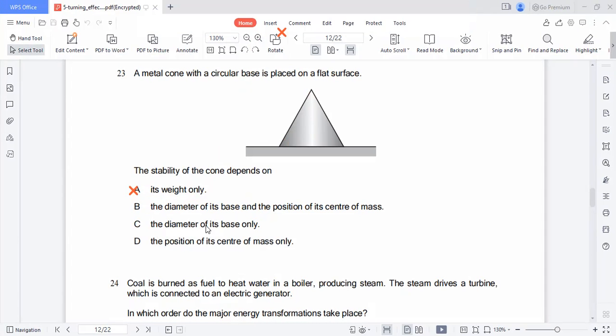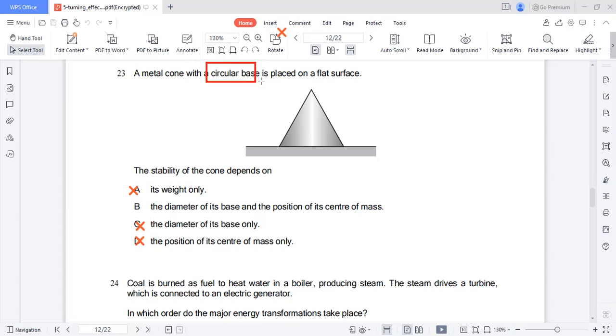The diameter of its base, no problem. The position of the center of mass, to some extent it depends on it, but we know that the base area is one of the most important things, so we can't ignore that. The diameter is linked with area because the base is circular.